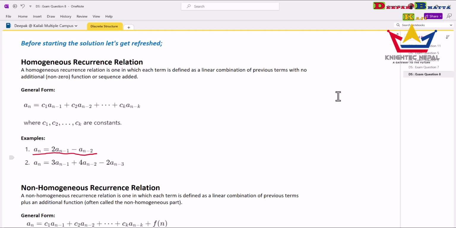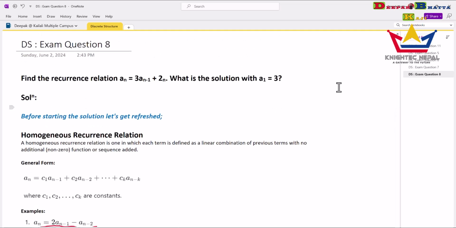So in the question you need to find out whether the given equation is a homogeneous recurrence relation or a non-homogeneous recurrence relation. Let us see, the question is an equals 3an minus 1 plus 2 to the power n. We can say that this is not a homogeneous recurrence relation because there is an additional function, that is fn.